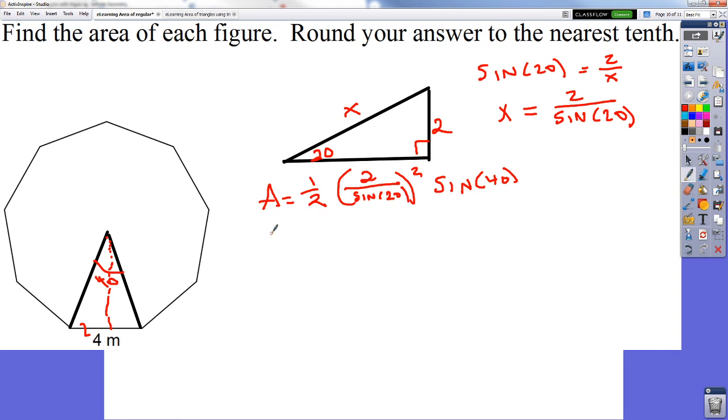So you go through, you get one triangle: 1/2 times 2 over sine 20, squared, times sine of 40. We get roughly 10.9 something.